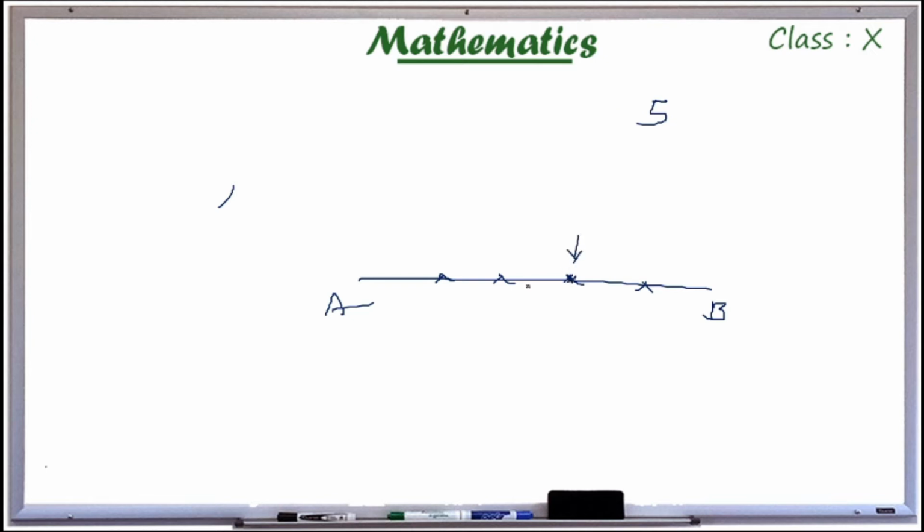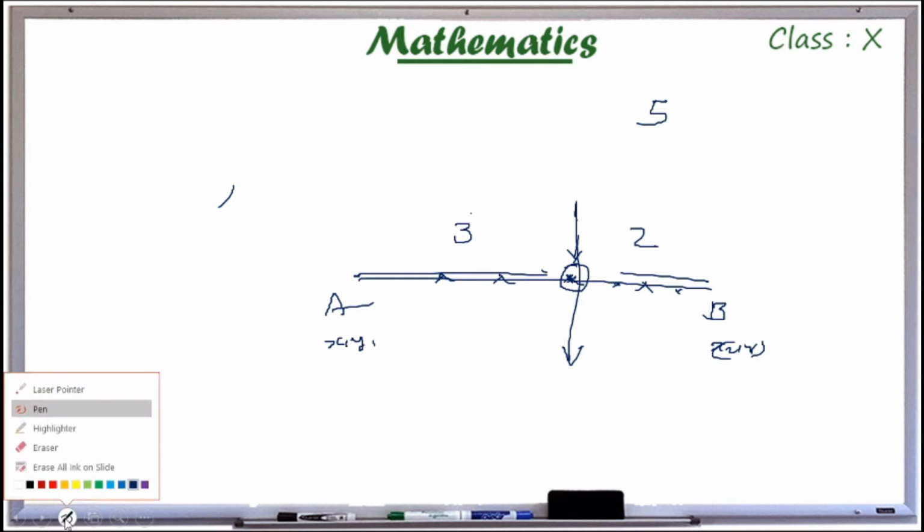So I have to use x1, y1 and x2, y2, and the ratio 3:2, because this is the point of division. To the left side I have 3 portions, and to the right side I have only 2 portions. So I have to use the ratio 3:2. So I will get this point of division. So this is the section formula. Now the theory part is over.